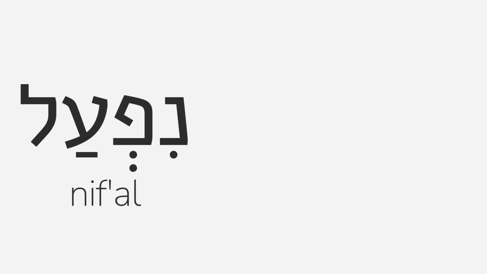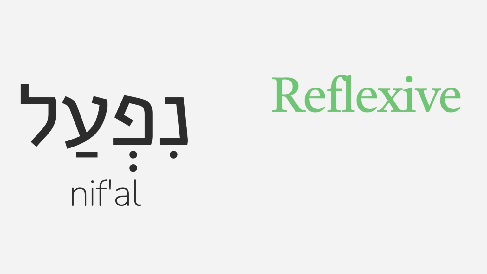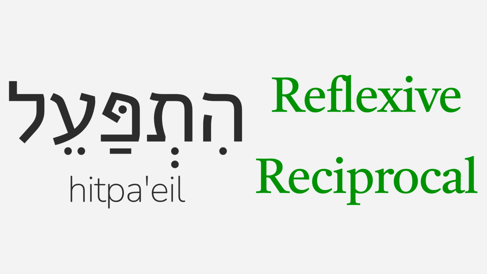The nif'al binyan not only functions as a passive counterpart of the kal, but can also sometimes describe reflexive actions, something done to oneself, and reciprocal actions, something multiple people do to each other. The 7th and final binyan, the hitpa'el, is also used to describe reflexive and reciprocal actions, and that is the main use of this binyan.